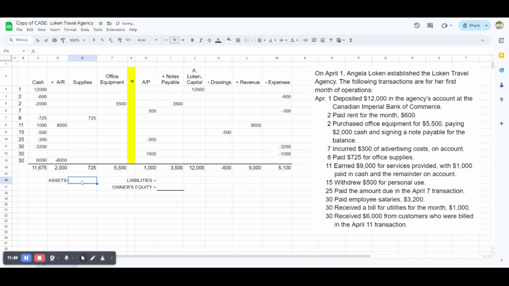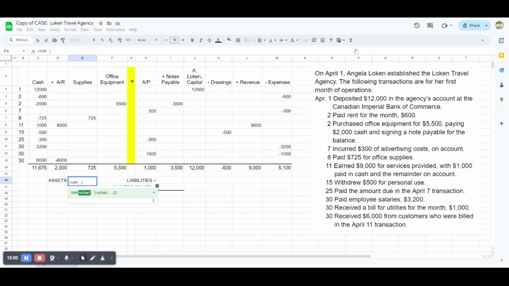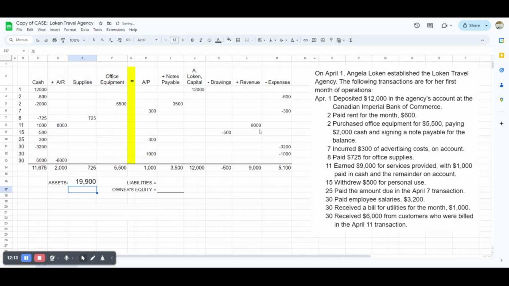Okay, so now let's add up the assets, which is all the accounts on the left side of the equal sign. And now let's add the liabilities, which is only accounts payable and notes payable in this case. So 4,500.